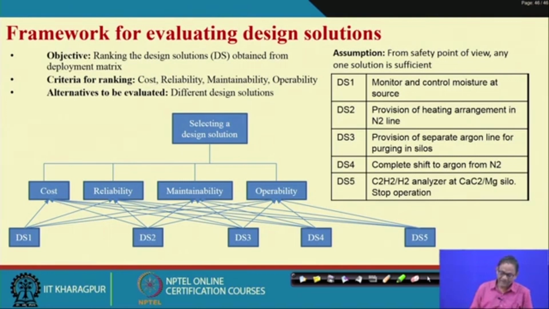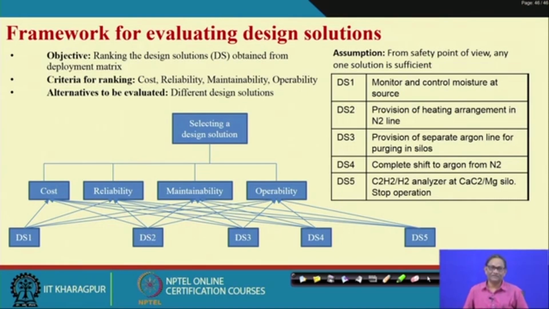And in the last lecture, with reference to the desulfurization plant, we identified several design solutions, particularly for hazard 1 and hazard 6, though these two hazards require similar design solutions because they are similar in nature. So, 5 design solutions we have identified, and obviously you may argue about their suitability.